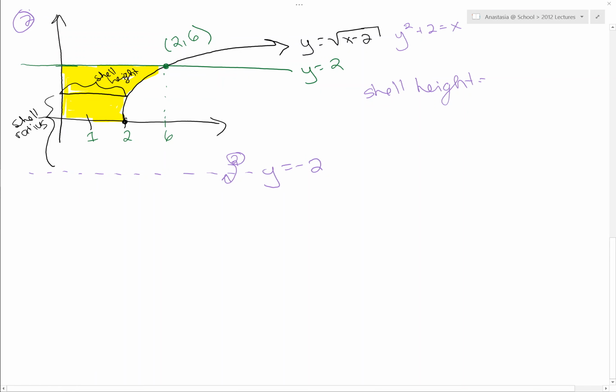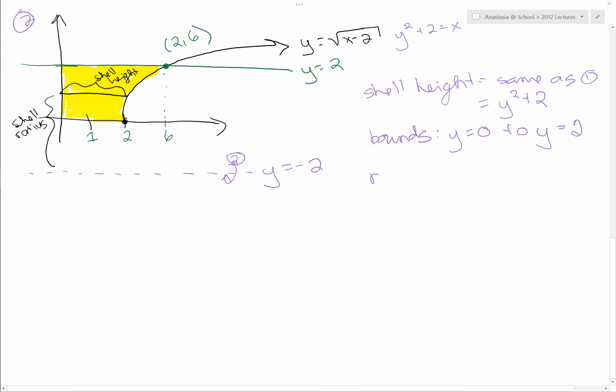The shell height is going to be the same as part 1, so that ends up being just y squared plus 2. The bounds of integration also end up being the same because the bounds of integration only depend on the shaded region. The shaded region hasn't changed any, and we're still integrating with respect to y. So that means that our bounds are from y equals 0 to y equals 2.